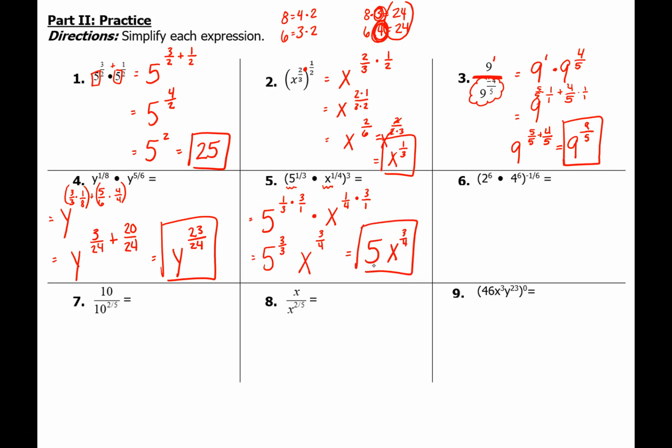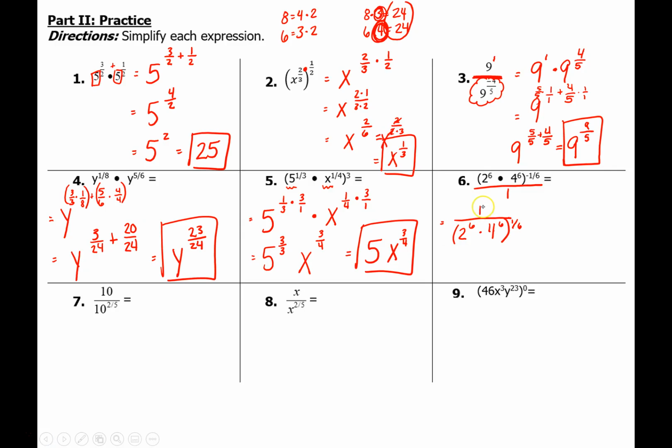Okay, the next one, when I look at it, I immediately see that I have a fractional exponent. So I'm going to move it to the other side of the fraction bar first. This is all on the numerator side of the fraction bar. So I'm going to create a denominator, and then I'm going to put 2 to the 6th times 4 to the 6th, all raised to the 1/6 power on the bottom.